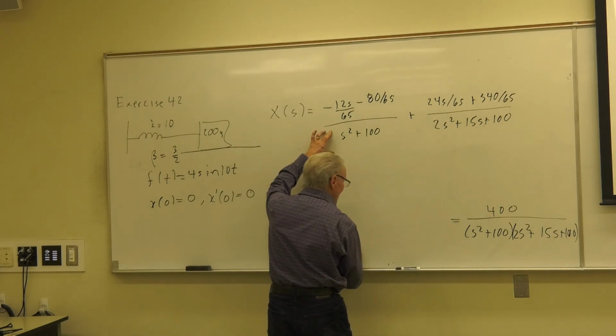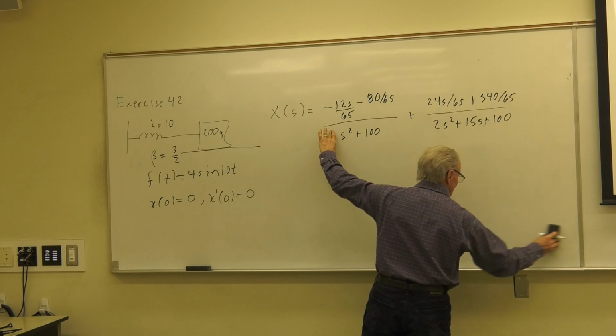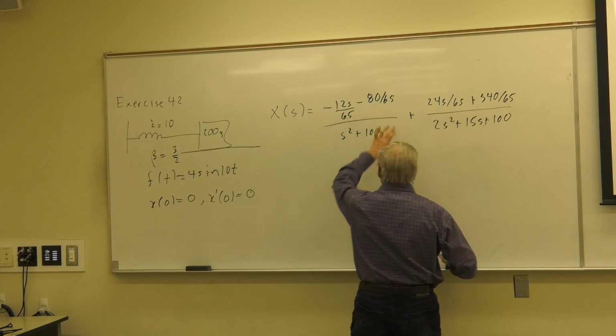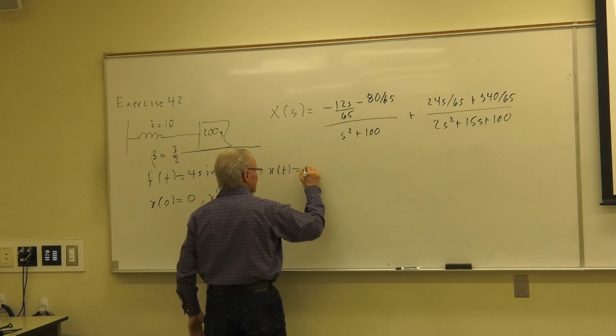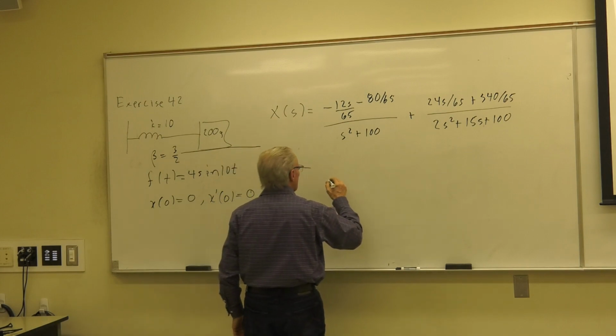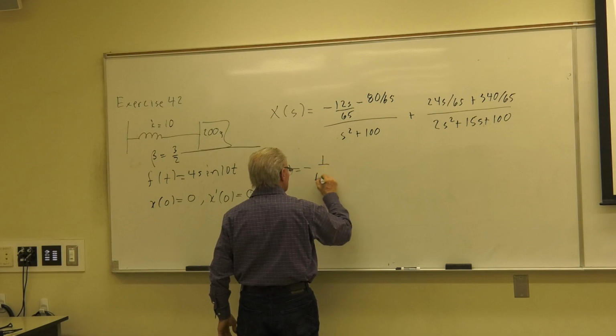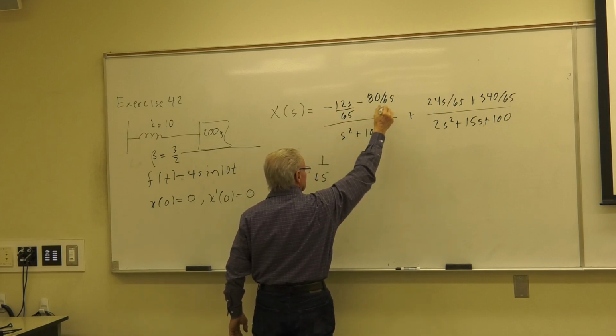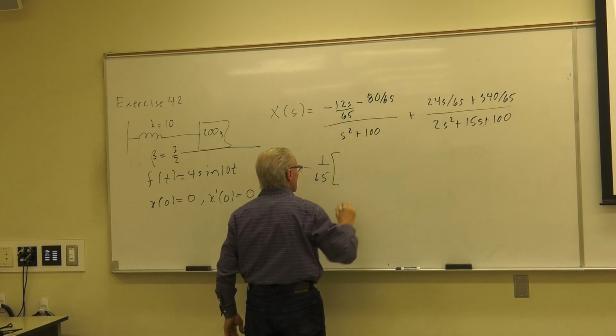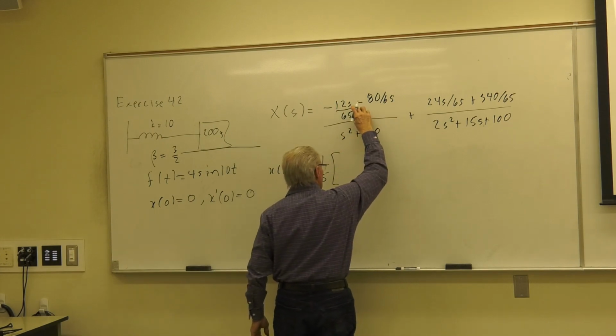This one is okay. It's already ready for cosine and sine. So we could say x of t is equal to minus, let's pull out a minus 1 over 65. Pull out that minus, pull out that 65. What's left? 12s over s squared plus 100.